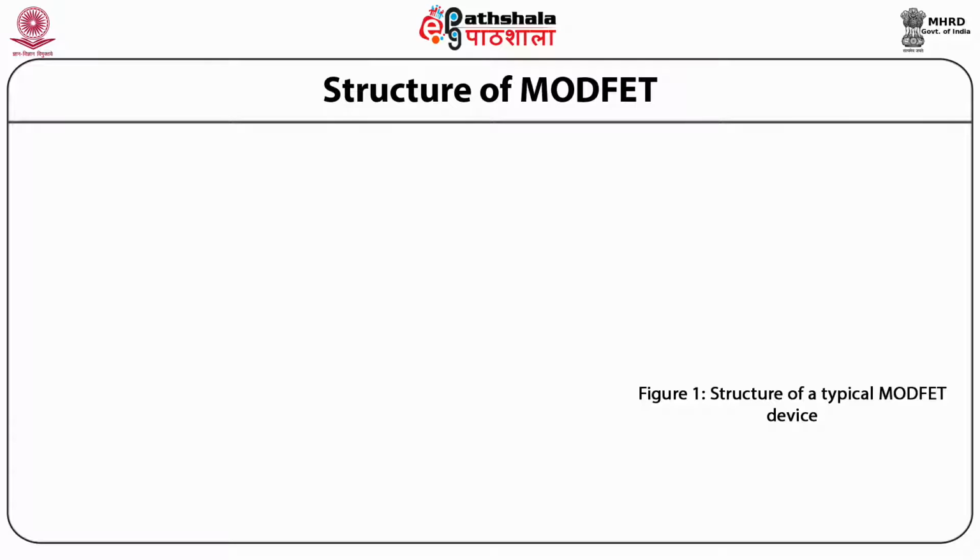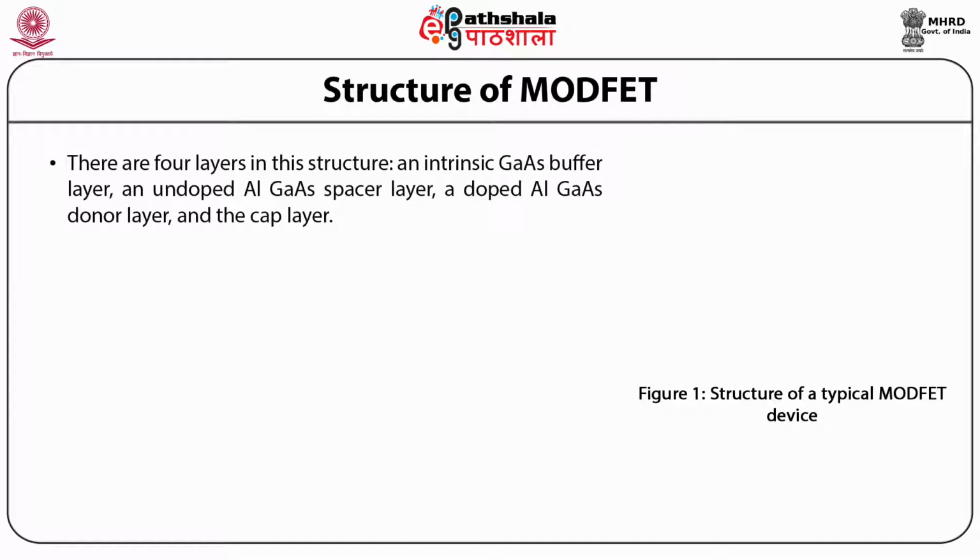As you can see, there are 4 layers in this structure: an intrinsic gallium arsenide buffer layer, an undoped aluminium gallium arsenide spacer layer, a doped aluminium gallium arsenide donor layer, and lastly the cap layer.